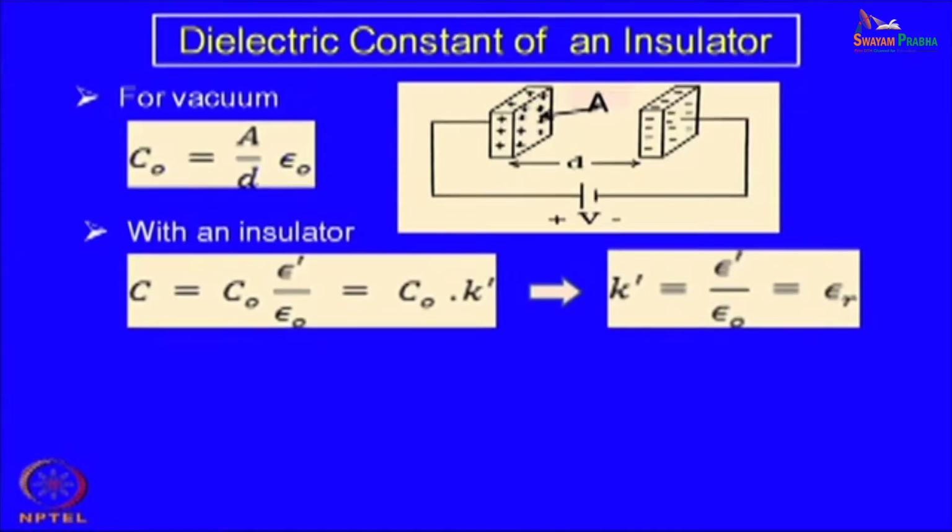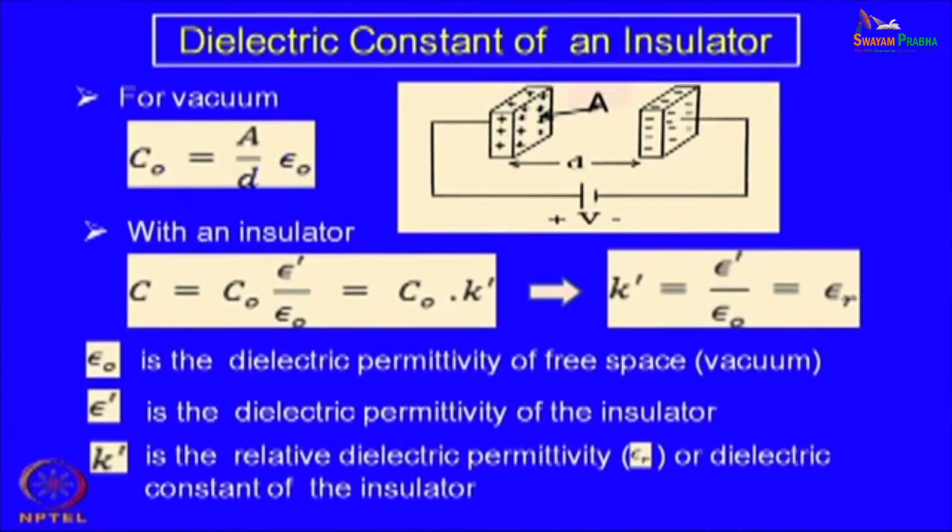Once somebody wants to design a capacitor, a particular value and charge storing capacity of a particular system or device, K prime or K, the dielectric constant of the material, is of utmost importance, so that one can design precisely what kind of capacitors can be fabricated out of them.